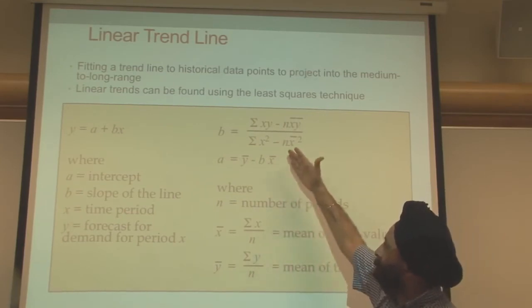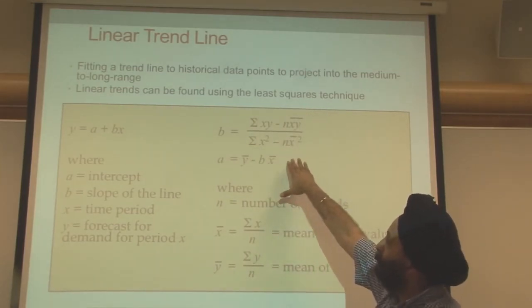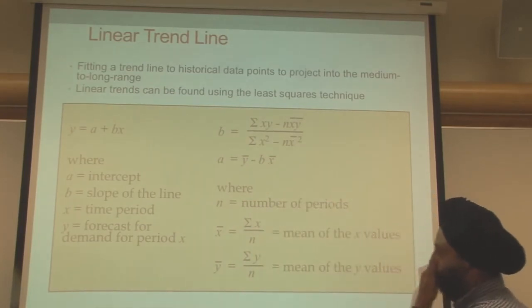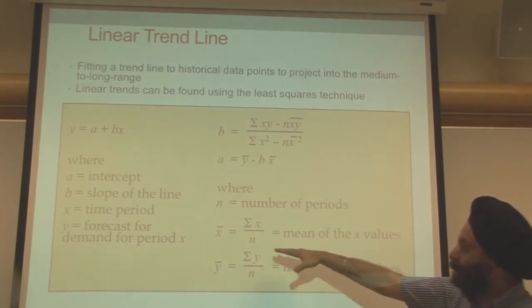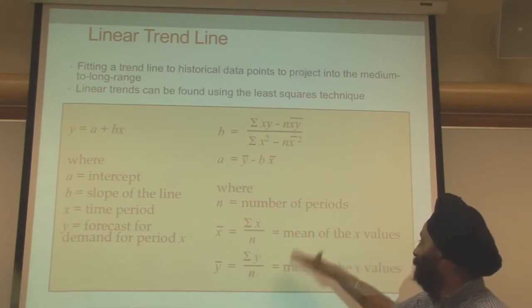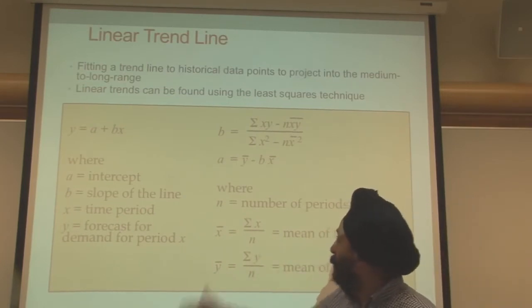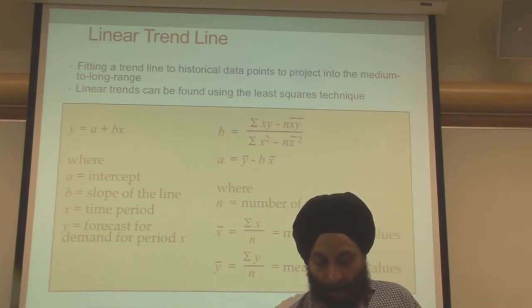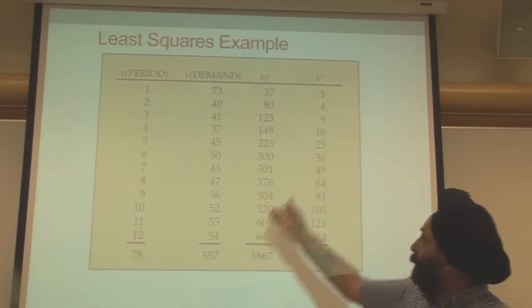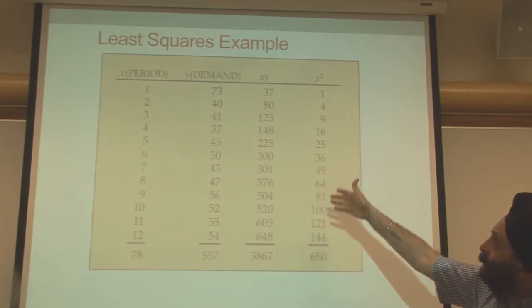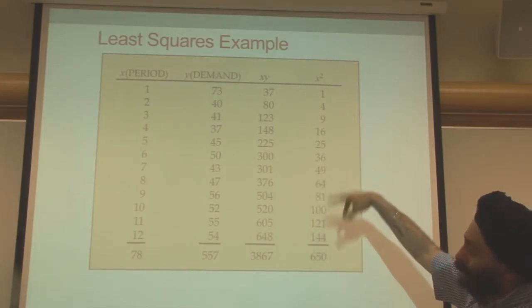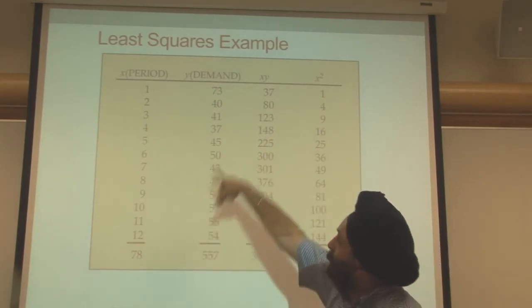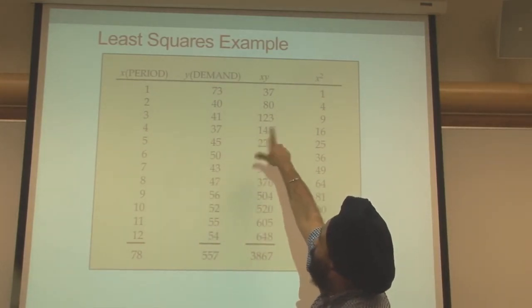B and A can be calculated using these formulas, where X bar and Y bar are the means of the X values and Y values. Here are the formulas indicated, and using those you can easily work through the least square example. You have the X period and the Y, and from that you can calculate XY.